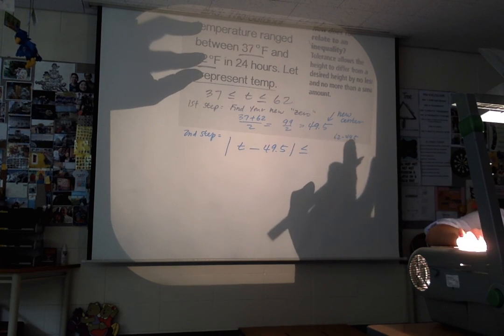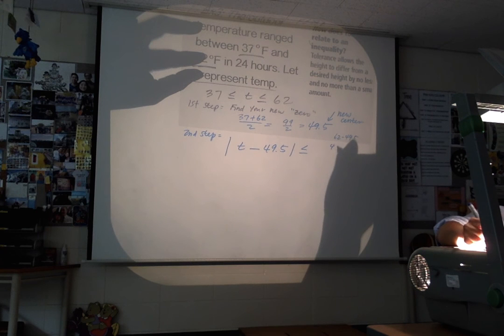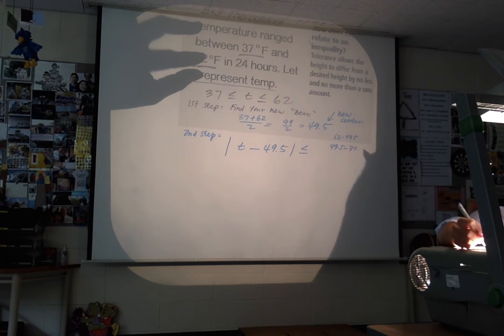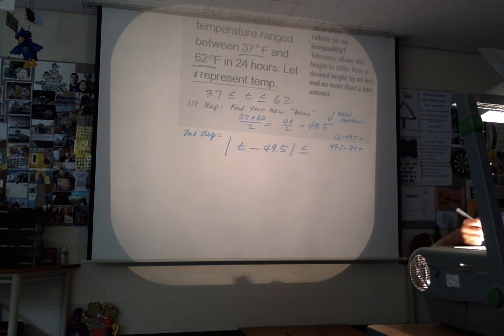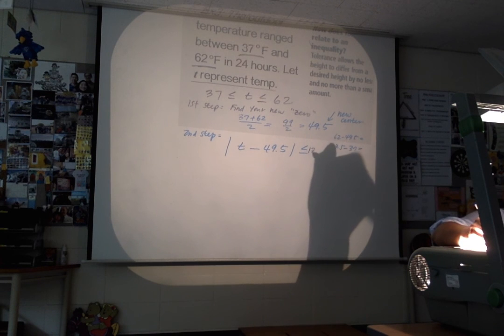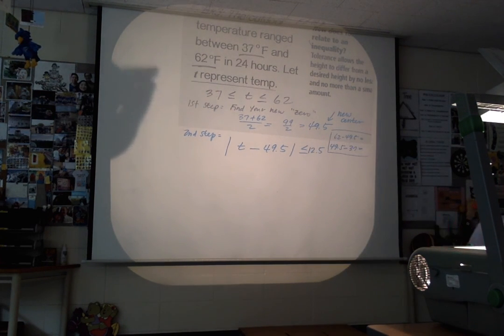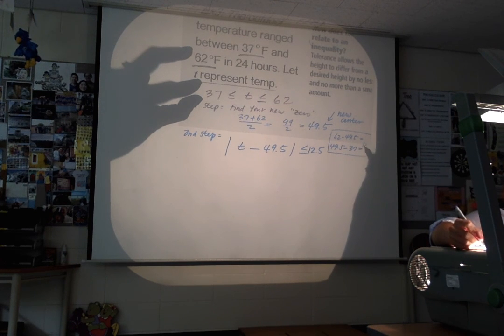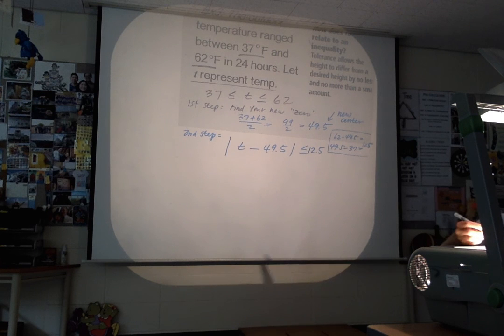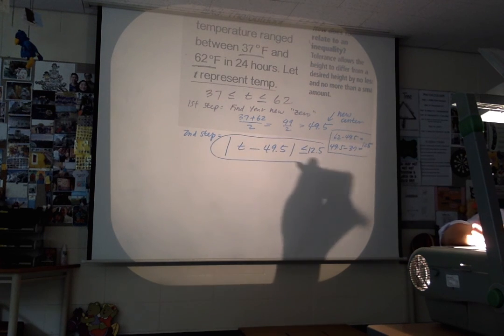Oh, sorry. Yeah, 49.5 minus 37. What do you get? And you actually get this value of 12.5. So you guys, when you calculate this, can you see that? It's actually 12.5. Okay? So this is our final inequality answer.